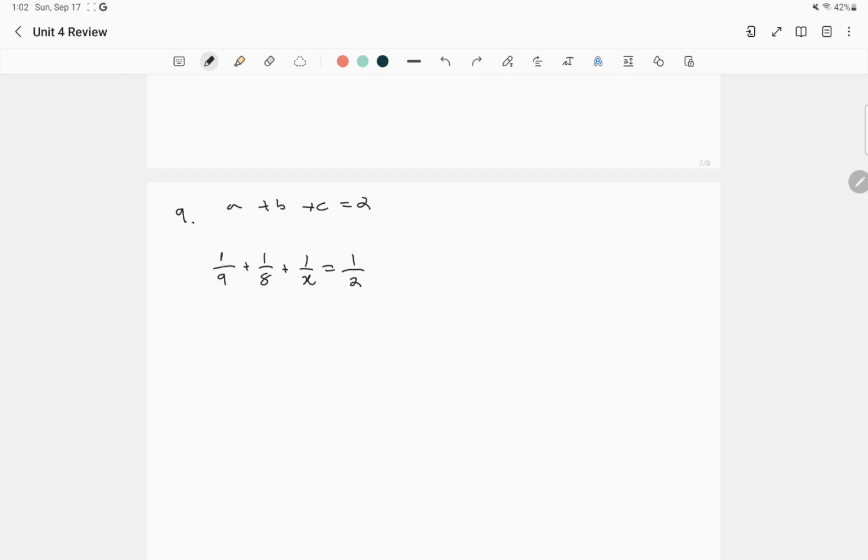So 1/9 of the job, 1/8 of the job, 1/x of the job, and all in 1 hour is 1/2 of the job in 1 hour. So if we multiply everything by 2, we're going to get 2 over 9 plus 2 over 8 plus 2 over x equals 1. Multiply everything by x, we're going to get 2x. Now from here, we will multiply everything by 72, which will be quite the pain.